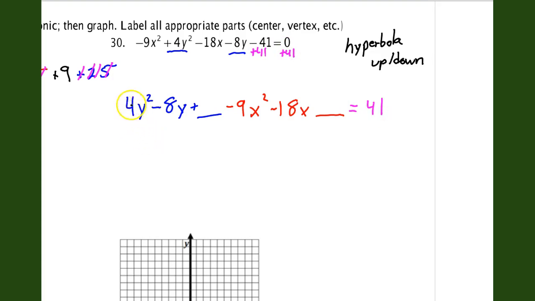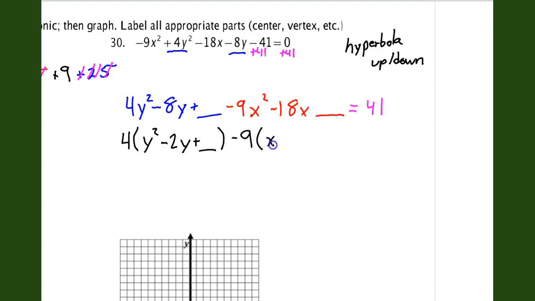Now, something a little different here is that we have coefficients in front. So we actually need to factor these coefficients out first. You can see a 4 goes into both of them, so I'm going to take that out first. I'll have y squared minus 2y, still leaving a space, and then minus 9 is going to come out of both of these.